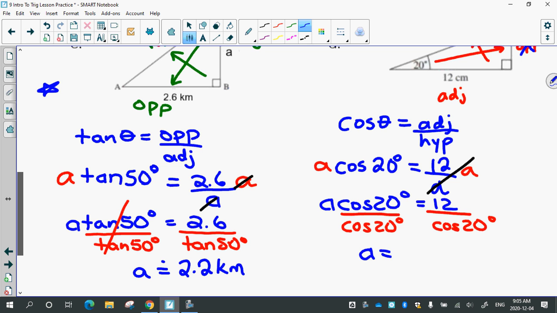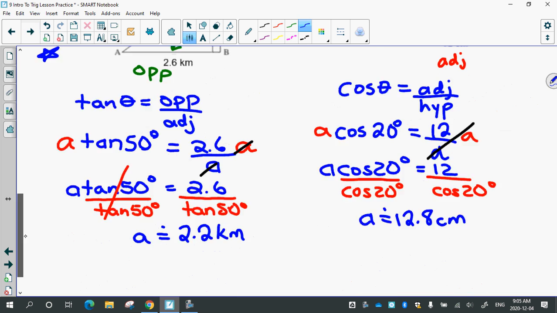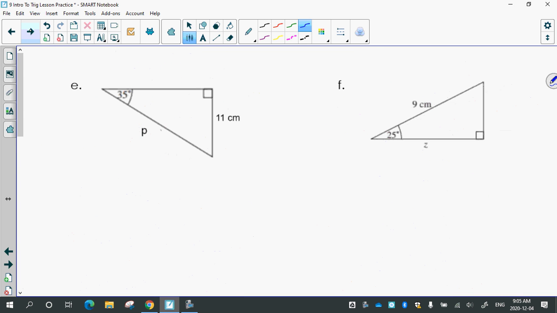And you get A equal to approximately 12.8 centimeters. Okay? All right, try the next two.